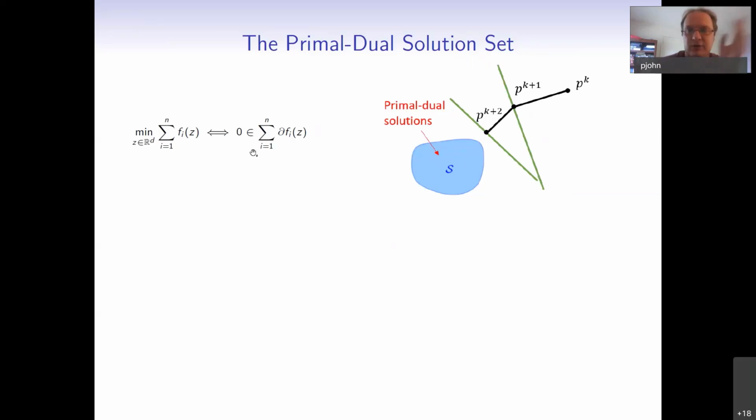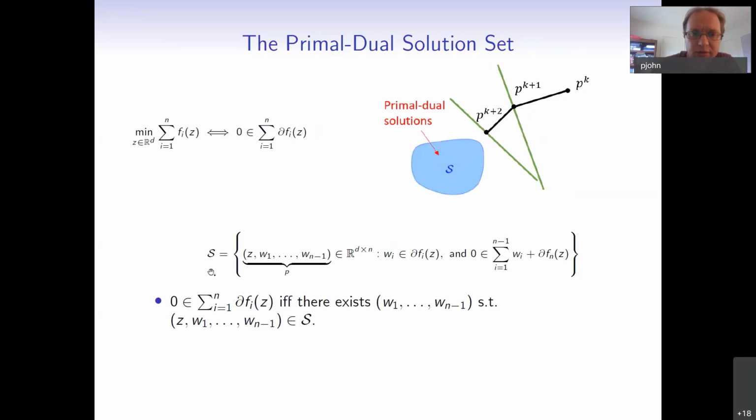So let's define the Primal-Dual Solution Set. We have to introduce W1 through Wn-1. These are dual vectors. The definition of the solution is: can we find a point, a collection of z and wi, such that each wi is a subgradient of fi at z, and additionally this sum is 0.